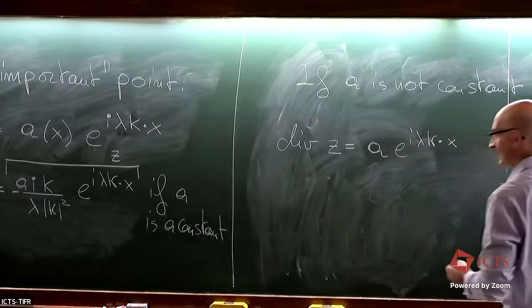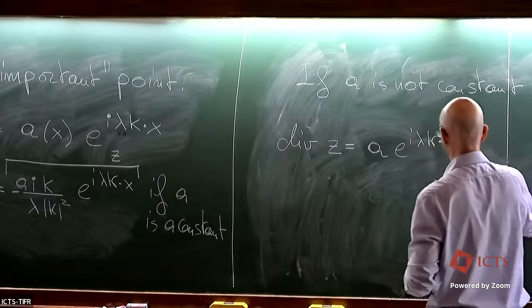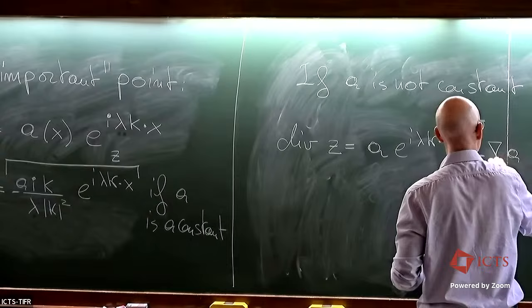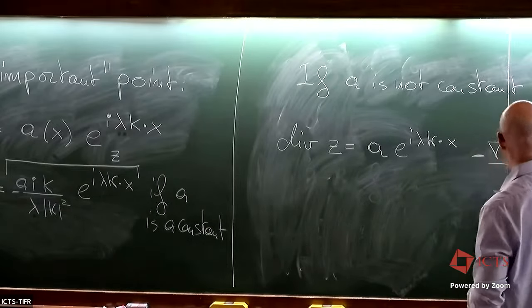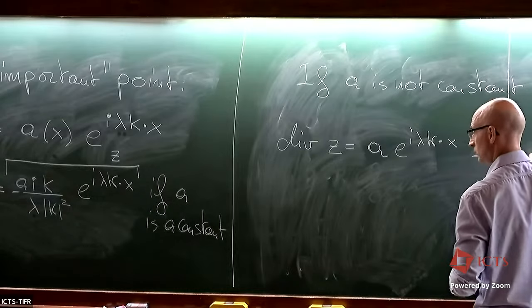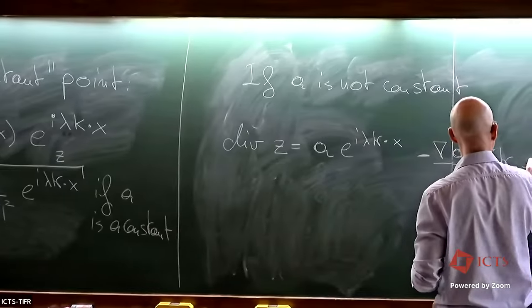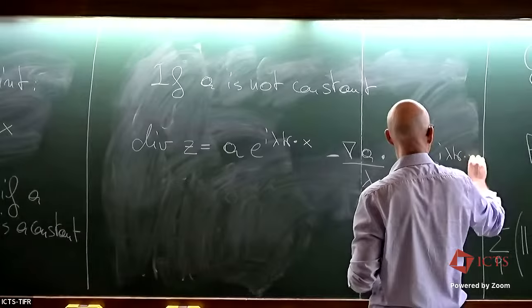Okay, but then there's a remainder, right? And what is the remainder? So the remainder is something like minus gradient A divided by lambda, dot ik divided by modulus of k squared, e to the i lambda k dot x.